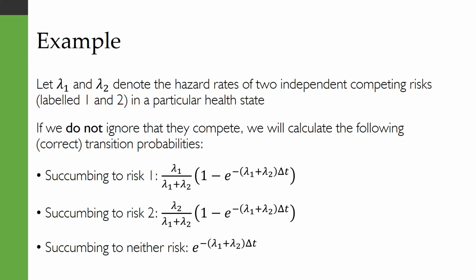So lambda 1 plus lambda 2 are added together, so it's the risk of a composite event happening. And then if you take 1 minus that, that's obviously the probability of succumbing to a risk, and which one of those depends on the relative magnitude of the rates. So that explains the two equations above those.